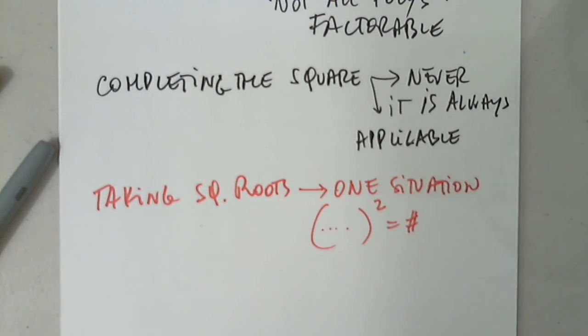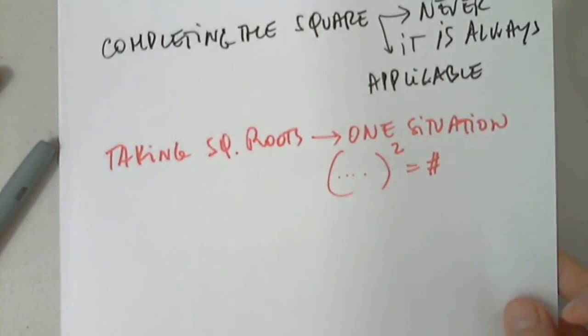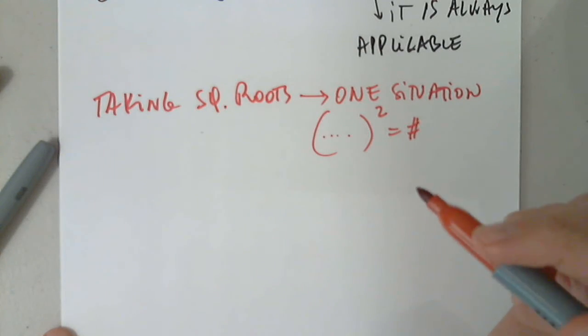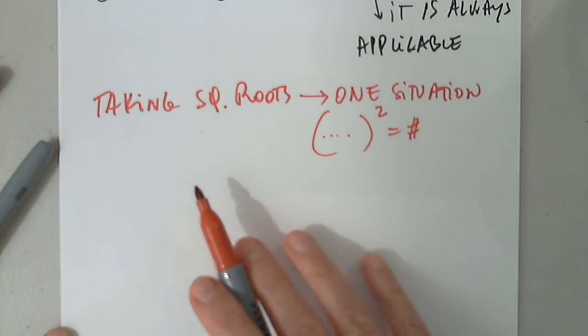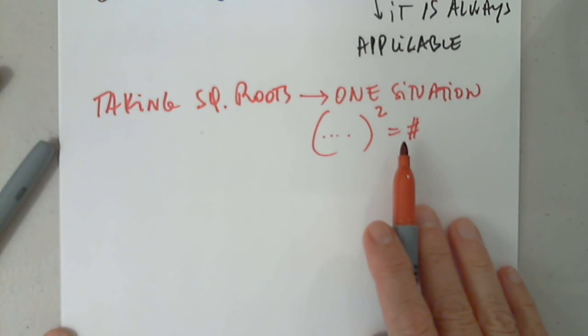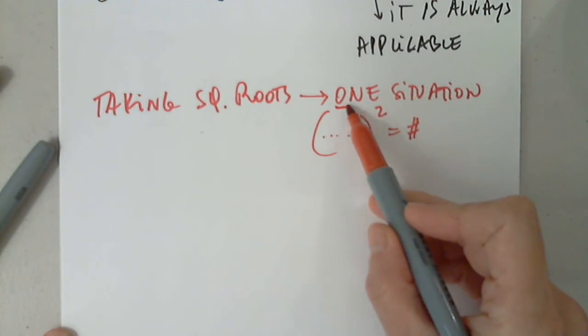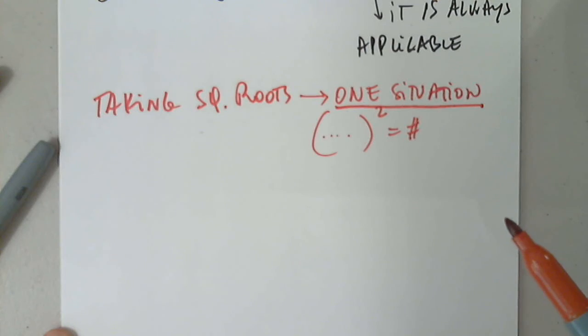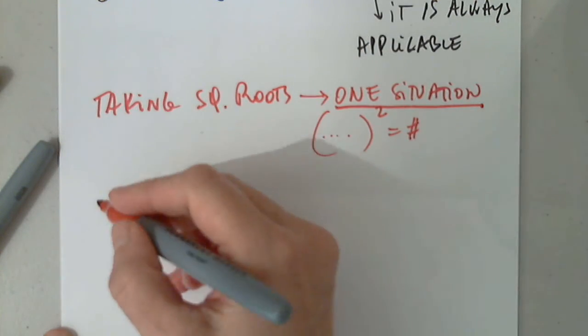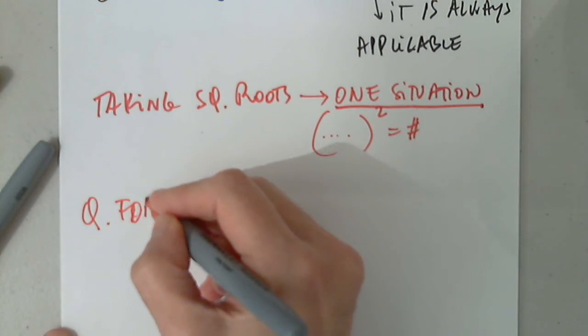Here I can have whatever you want. One variable only, of course. Okay? So taking square roots is not always applicable, because I have to complete the square first. It's only in one particular situation. This one.